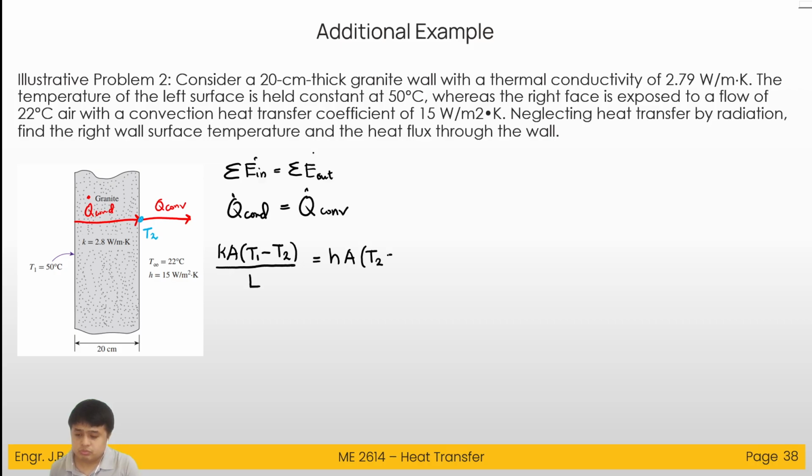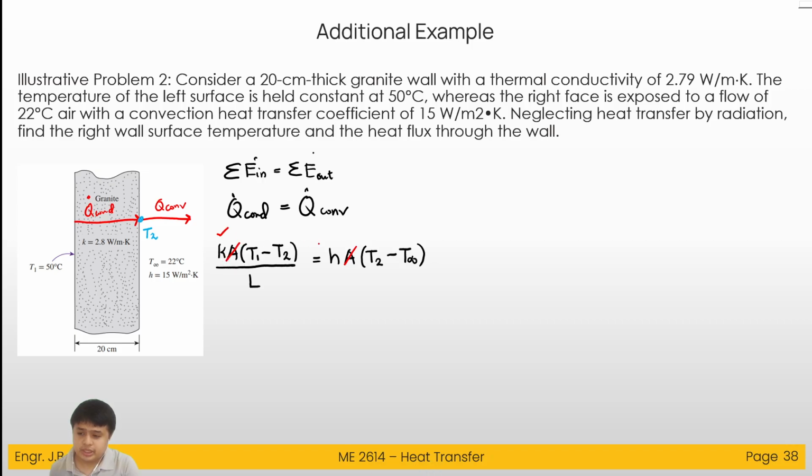So this should be T2 minus T infinity. Okay? So as we can see here, we can actually cancel out the A. They have the same surface area. So you can imagine this is a 3D surface, and probably we can assume that they have the same area. So we can cancel that out.